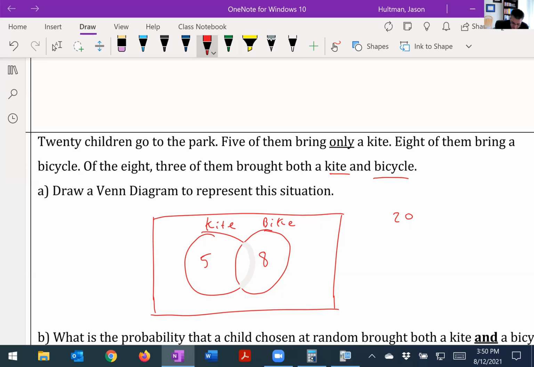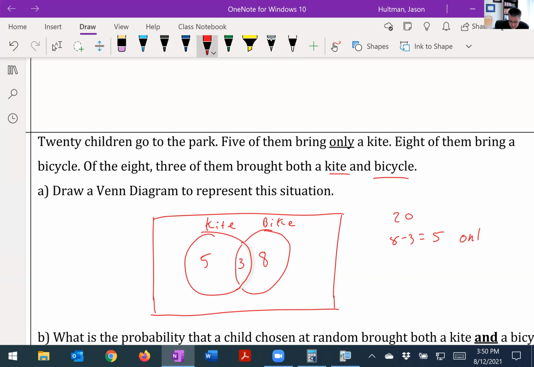But of those 8, 3 of them brought both a bike and a kite. So 3 of them are actually inside here, and I have to subtract 8 minus 3 to get 5 that only brought a bike. Okay, let me redraw this.